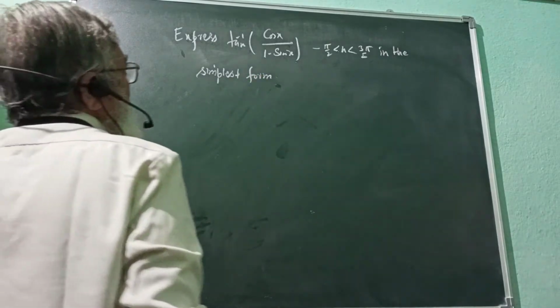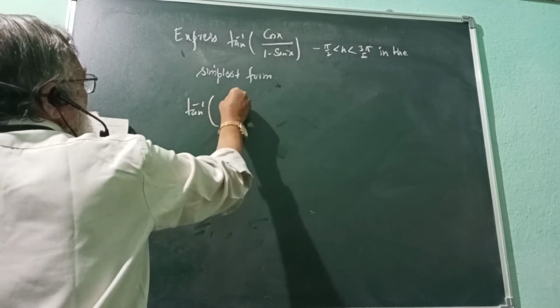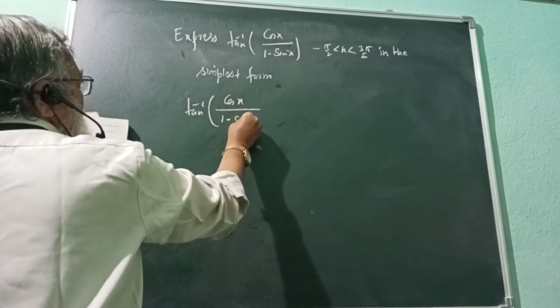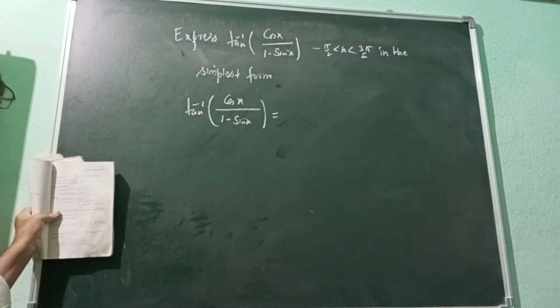Now look here. Now we can write this as tan inverse of cos x by 1 minus sin x. Here we take the help of the half angle formulas.